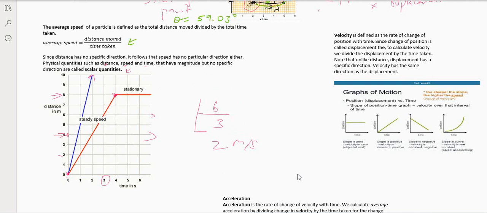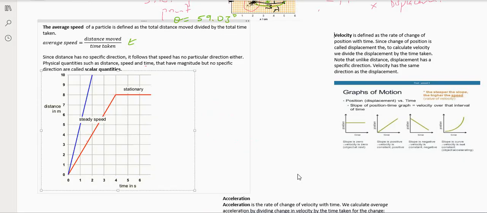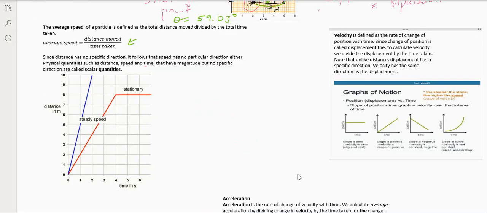From our knowledge regarding speed and velocity, let's look at what difference they have from a graphical standpoint, or in terms of the categories that they fall into. Let's look at velocity.